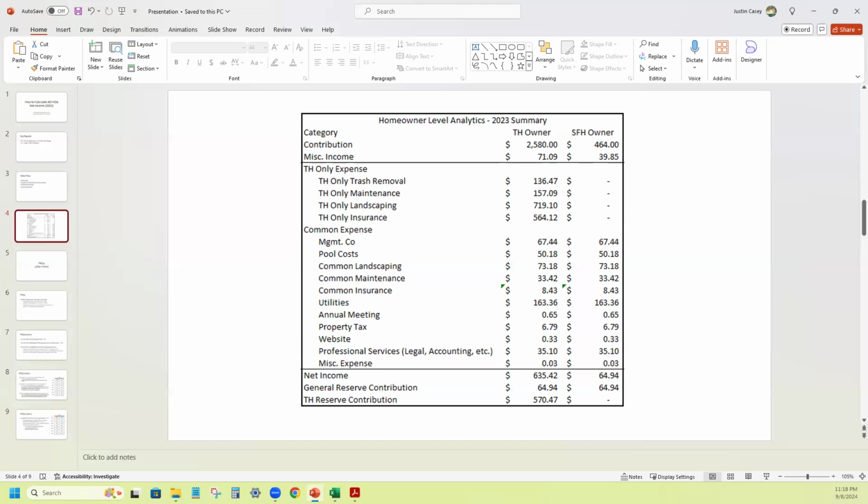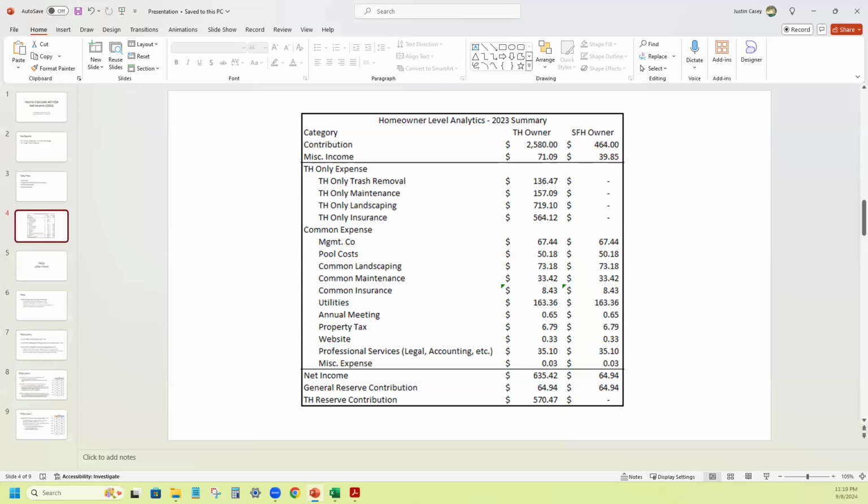Some other things to look at in this table: in the common expense section, the amounts that the owners are paying are directly equal. And for the townhome-only expenses, if you were a townhome owner, you paid $2,580 into the association in 2023, and you spent $136 of that on trash removal.